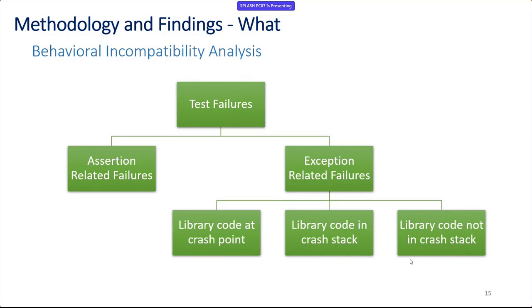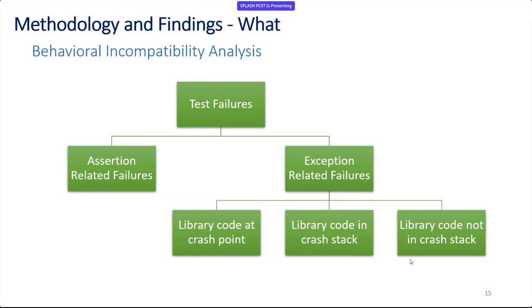The exception-related failures are further categorized as the library code at the crash point and in the crash stack itself, or the library code not existing in the crash stack, but it can be client-related code or transitive dependency-related code in the crash stack.